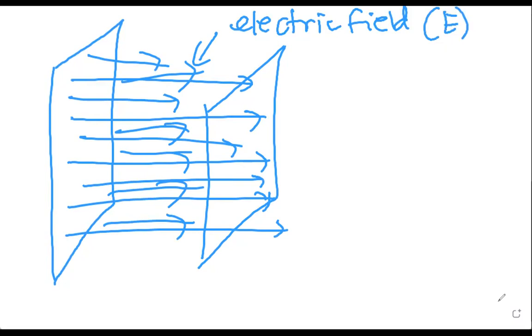So if we say electric flux, ito yung mga electric fields na parang lalabas din dito sa pangalawang plate. What I mean is, kung meron kayong, for example, how to explain clearly.